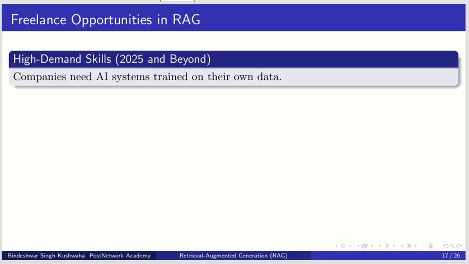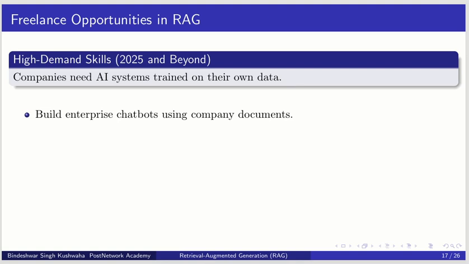In 2025 and also 2026 agentic AI has come, but RAG still has importance. Companies need AI systems trained on their own data, so building enterprise chatbots using company documents will again be required.